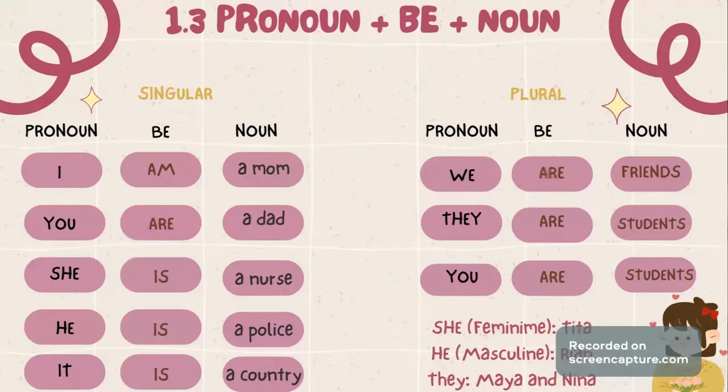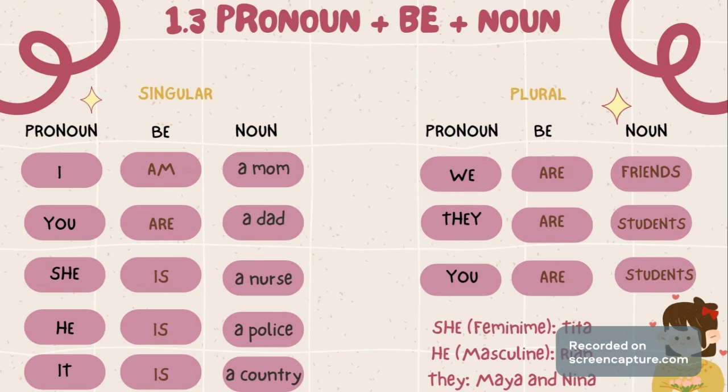For singular, we have I, you, she, he, it, and for the be, we have am, is, are. And for plural, we have the pronouns we, they, you. The be is are, just only are.